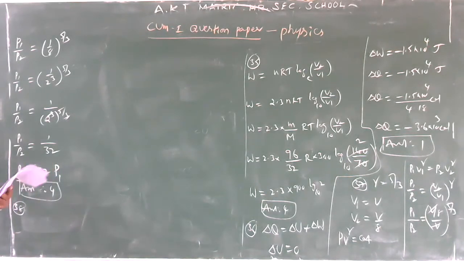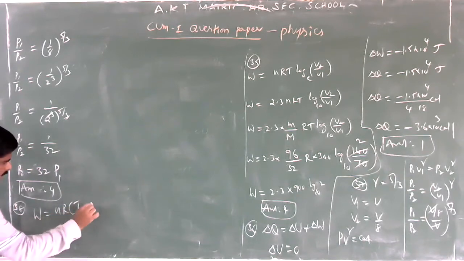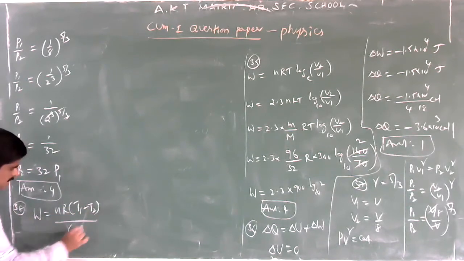So in the adiabatic process, what is the formula for work done? W is equal to nR(T1 minus T2) by gamma minus 1.